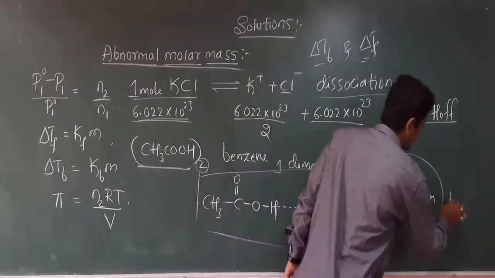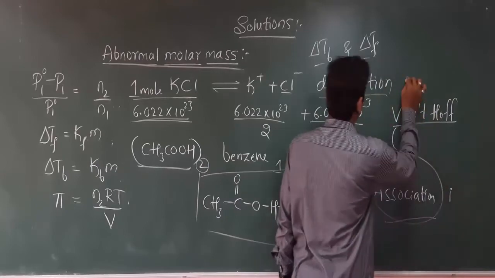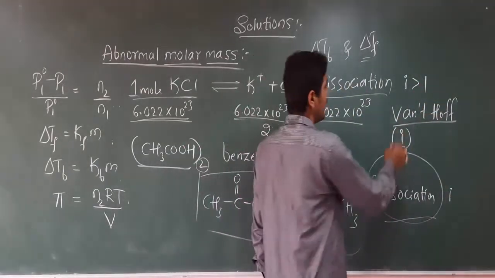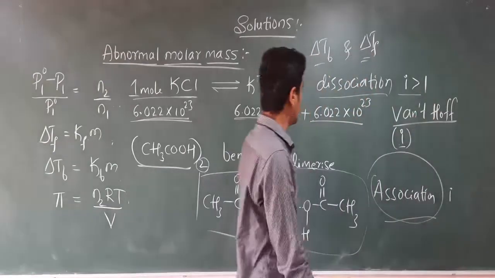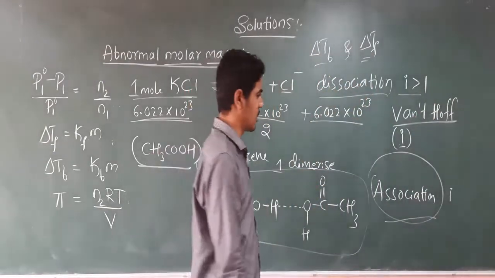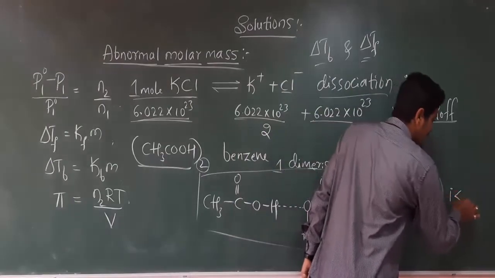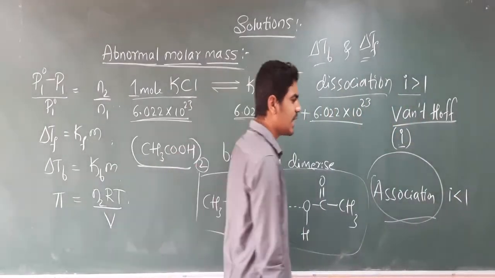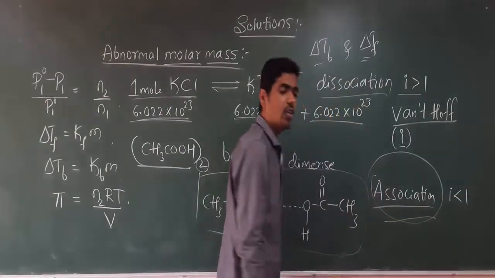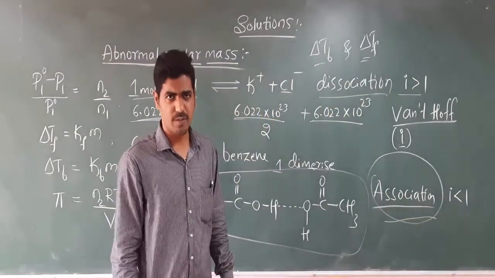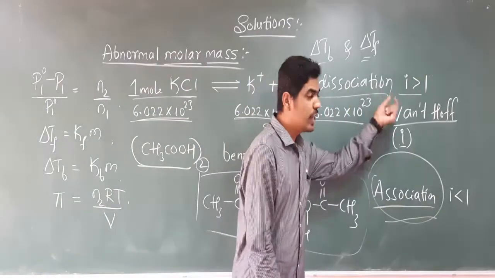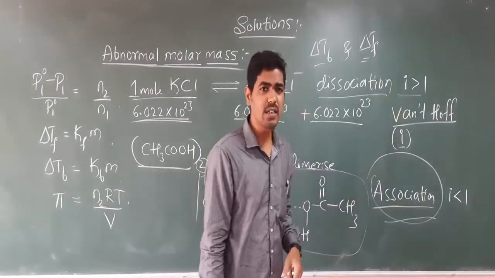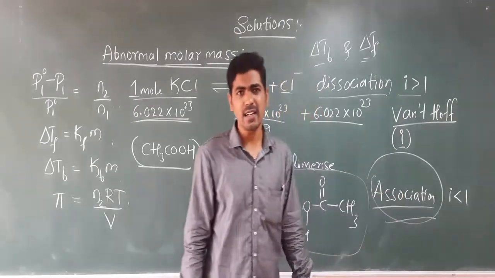Here, the i value is greater than 1 for dissociation. If you get the value of i greater than 1, then it is dissociation. If the value of i is less than 1, then it shows the molecule will undergo association. So you need to calculate the value of i, whether i is greater than 1 or less than 1.